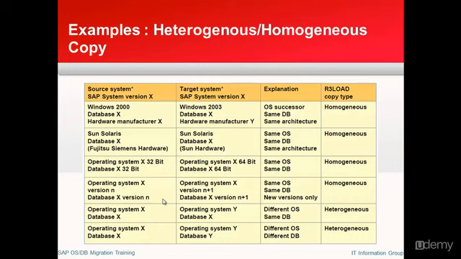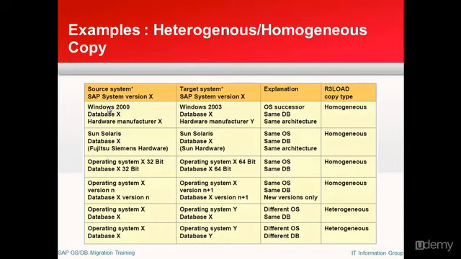So let's see, these are our source systems, these are our target systems, and if we go back here you can see the explanation of what is happening and basically what we call it, whether we call it homogeneous or heterogeneous.